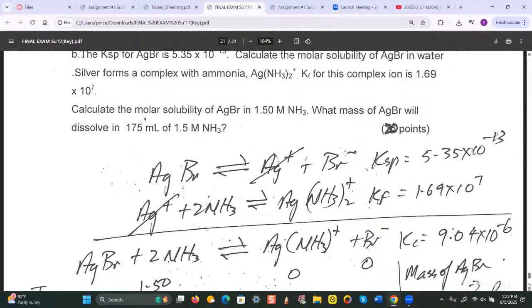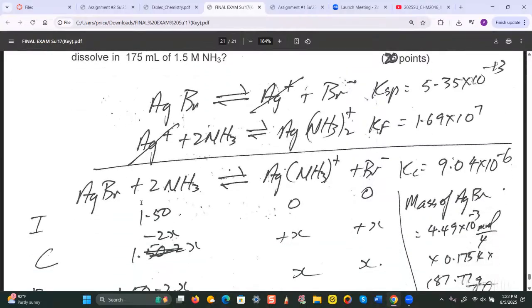So basically, we can write down an overall equation by adding these two. And again, as always, when you're adding two or more equations, you cancel out those items that are common to both sides. In this case, that would mean you'd cancel out the silver ions here and the silver ions here, right? And then you just write down what is left.